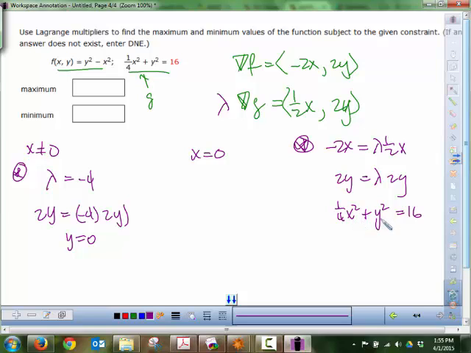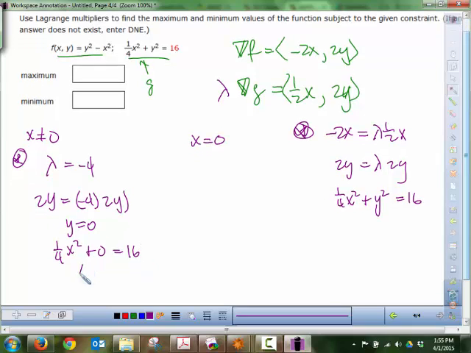So 0 and 0 isn't going to work. Oh no, I said x was not equal to 0. So if x wasn't equal to 0, I'll use my third equation to see if I can solve for x.